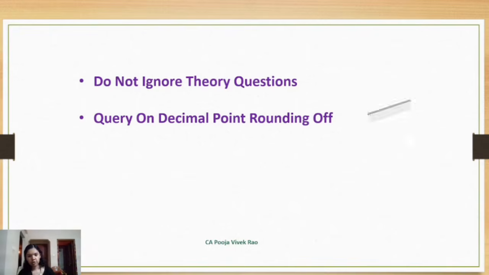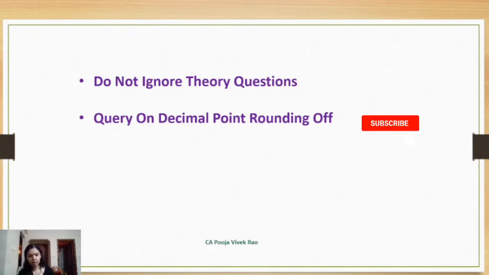In that kind of question, we have to see the forex rates they have given in the question, that is, up to what decimal point. If the forex rate in the question is given up to 4 decimal points, then in our solution also we have to use the same. You have to round off up to 4 decimal points.